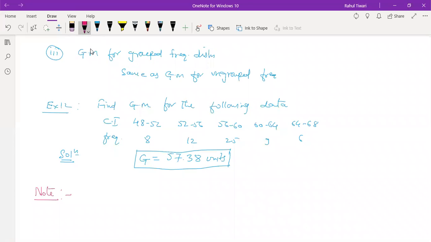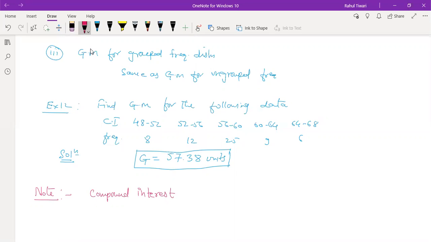Geometric mean is widely used in the calculation of compound interest. As I mentioned, in the banking sector this geometric mean is quite useful.